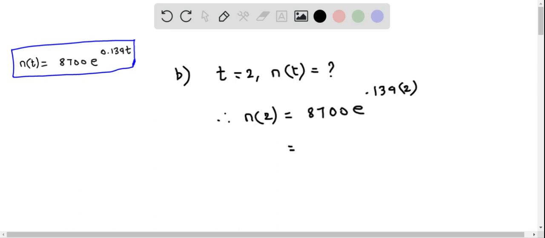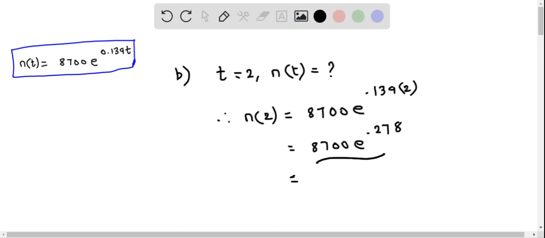And so this becomes 8700 e raised to the power of 0.139 times 2 is 0.278. So we put this expression into the calculator and find its value.